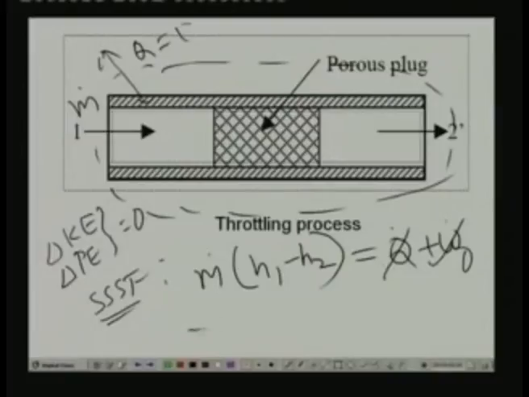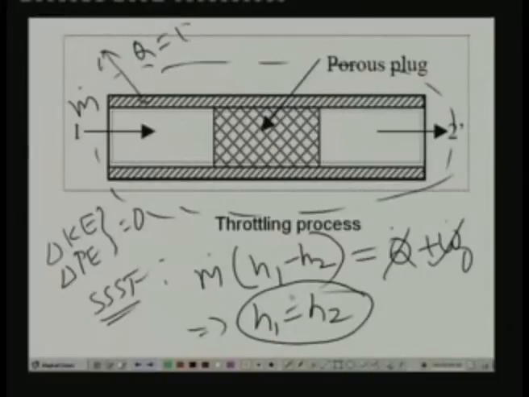So this implies that H1 should be equal to H2. That means the expansion using a restriction such as a porous plug or a valve leads to an isenthalpic process. That means the enthalpy of the liquid remains constant. Of course, you must keep the assumptions in your mind. Under these assumptions, the enthalpy of the liquid remains constant.